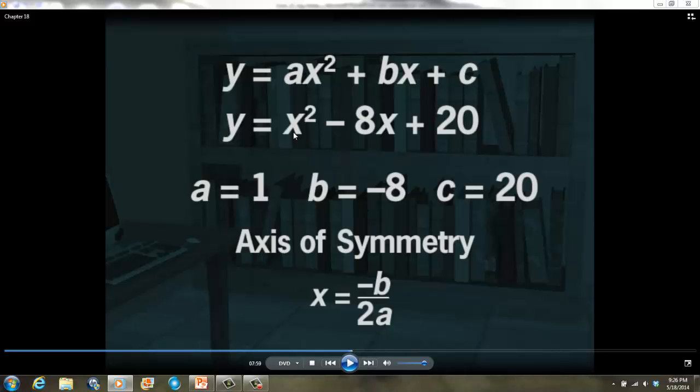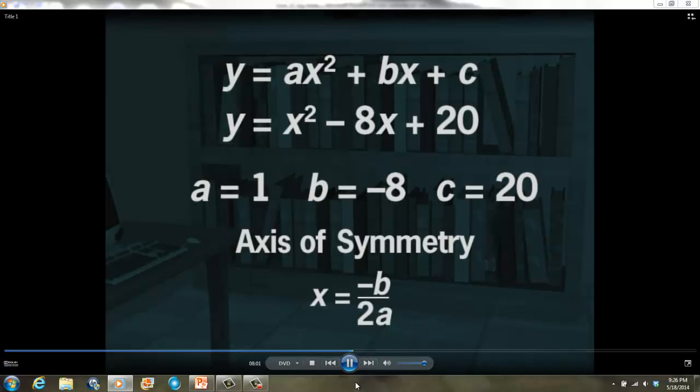These terms could be written in any order, so it's important not to remember that a comes first, for example, but to remember that a is always the coefficient of the squared term. This becomes very important when you plug in b and a in order to find the axis of symmetry.